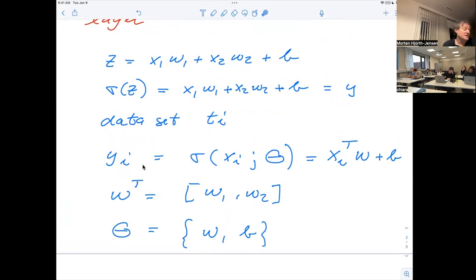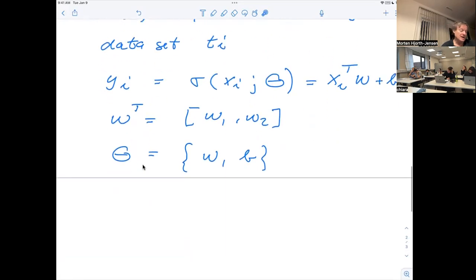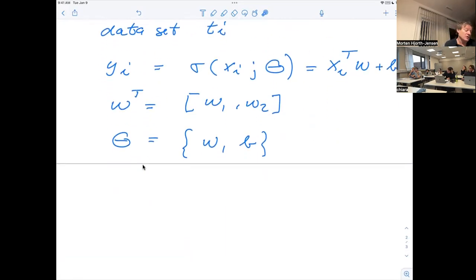So let's take a look at a very simple case, which we are now going to study with linear regression and logistic regression. And this case which we are going to look at is something which we call the OR gate, and you may have seen that before.